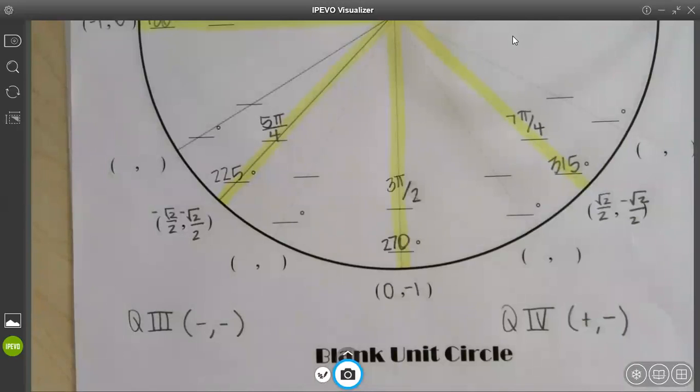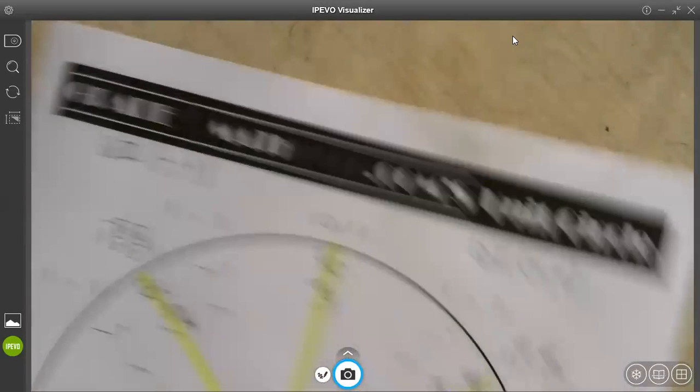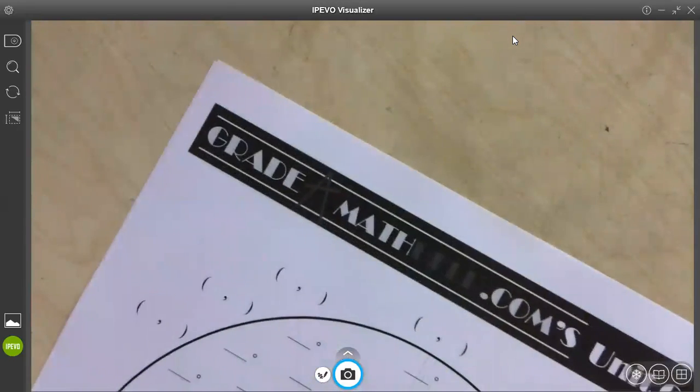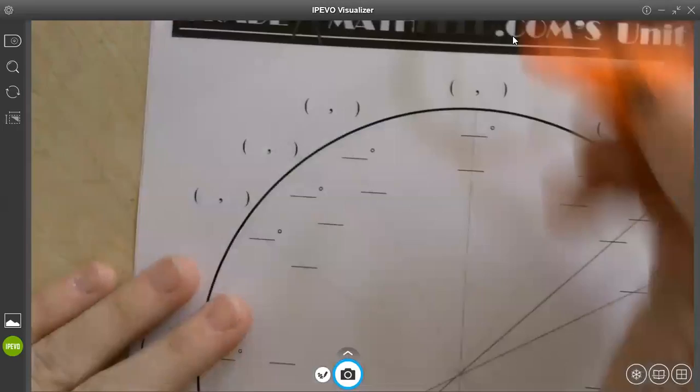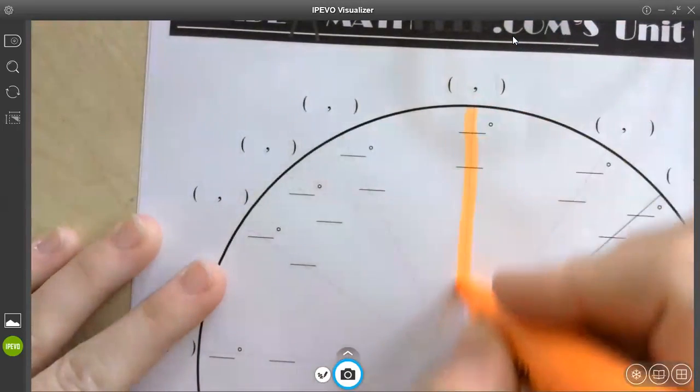Everybody got that? Your coordinate is? Which coordinates? Square root of 2/2. And how do you know the signs? Whatever quadrant it's in. Got it? All right. So then your second one that I give you, we're going to do the other diagonals. So you're still going to do your main plus diagonal.